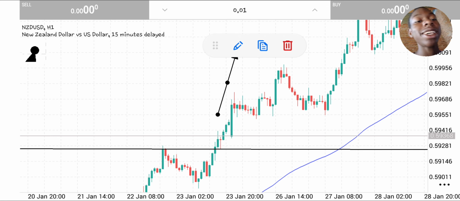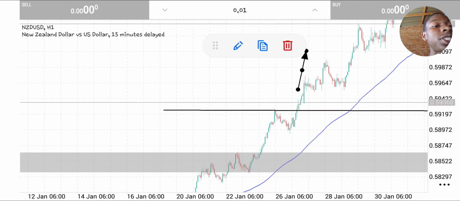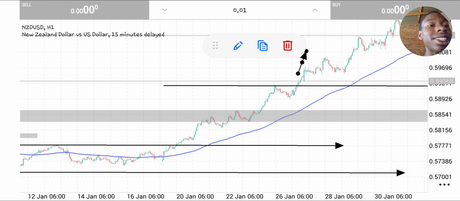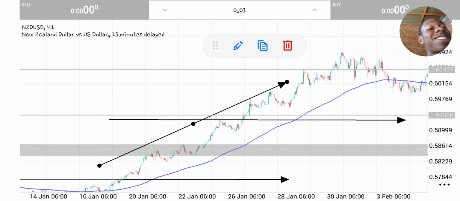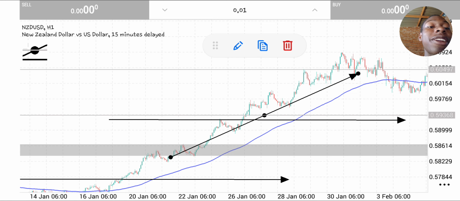But pay closer attention to the bias of the market. Look at this. The market is trending to the upside. So you can't sell when the market is going to the upside. The trend is your friend. I had to learn that some way or the other. The trend is your friend.